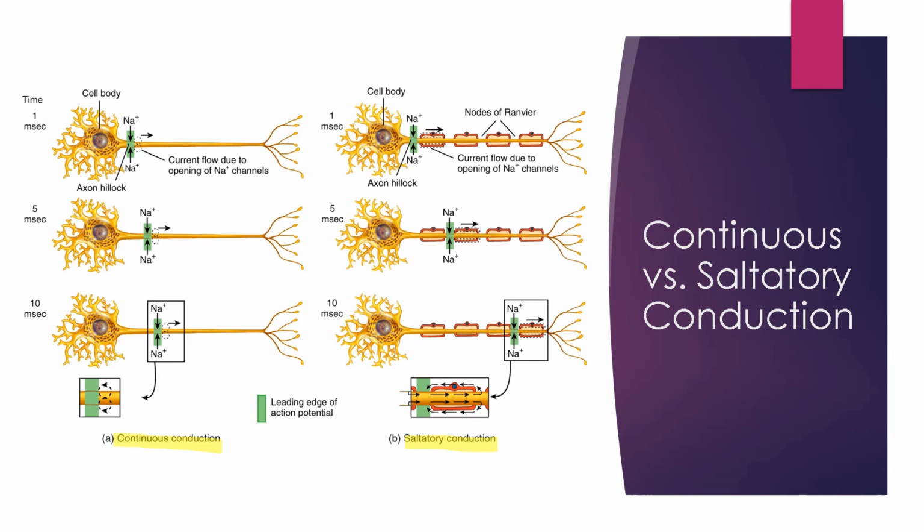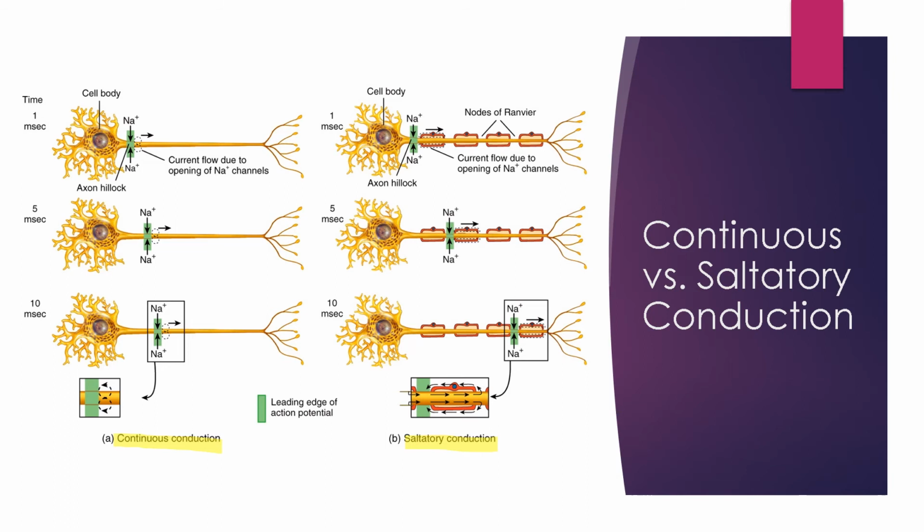So if there's available space, action potential is going to fire here as those voltage-gated channels open, and then here, and then here, and then here. And so every available voltage-gated channel will have to open in order to propagate or move that action potential down the axon.